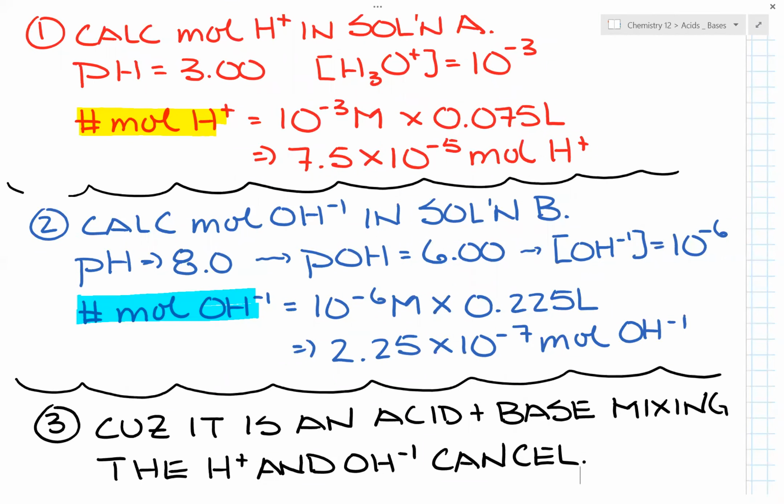If there were two acids or two bases, then the ions would complement each other. But in this case, because I have an acid and a base mixing, I need to cancel out the H+ and OH-.